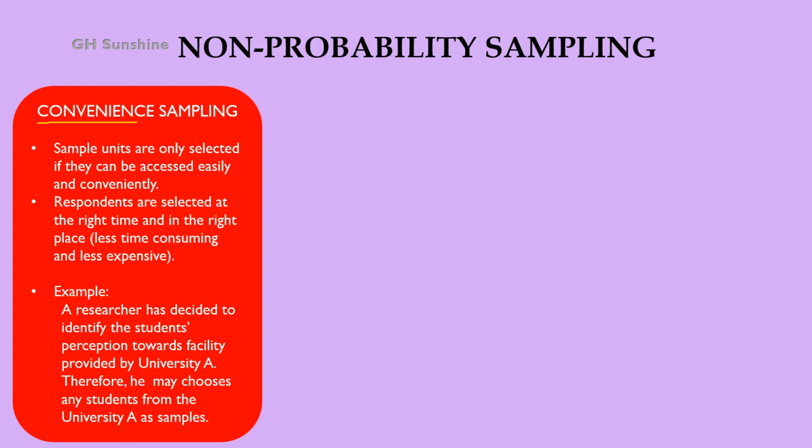Therefore, it is less time consuming and also less expensive. For example, a researcher has decided to identify the students' perception towards facilities provided by University A. Therefore, he may choose any students from University A as sample.